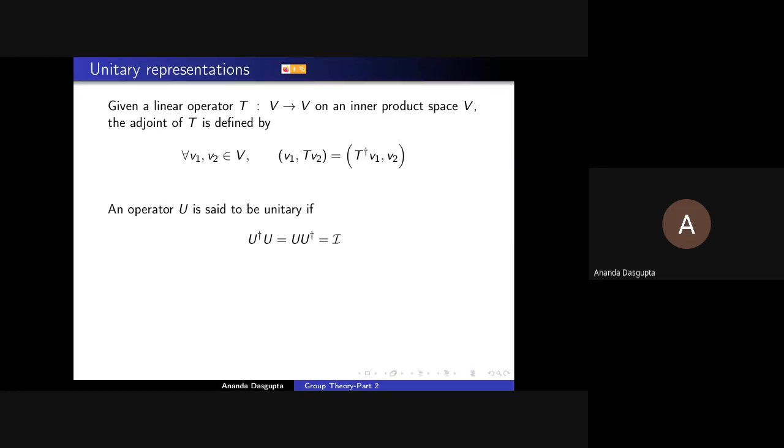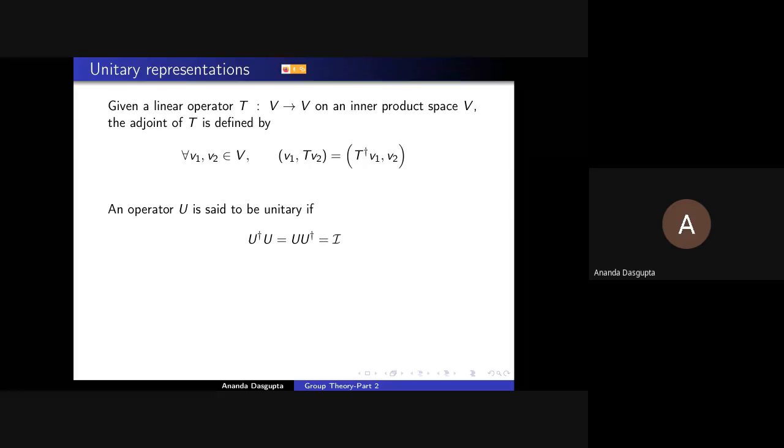And an operator is said to be unitary, again something which most of you would recognize from quantum mechanics itself, if its inverse is the same as its adjoint. So U dagger U is identity. Then you say the operator is unitary.